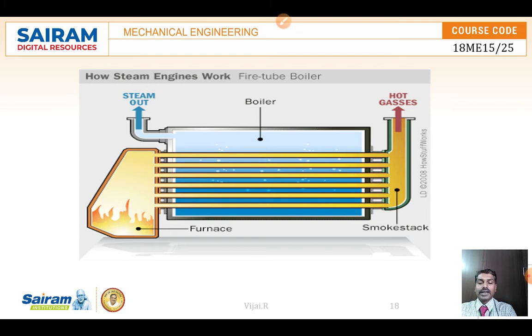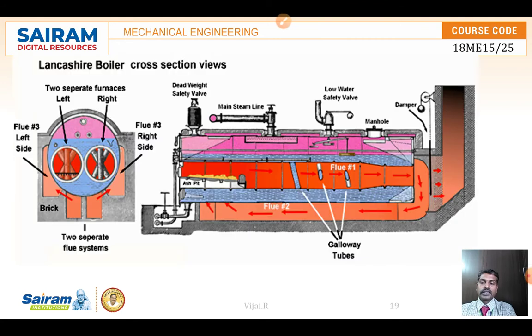The water gets the heat from the hot flue gases and becomes steam. The steam outlet is on one side and the water inlet on the other, and the hot flue gases produced in the furnace escape through the smoke area.